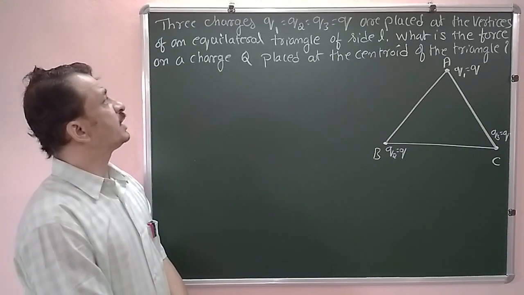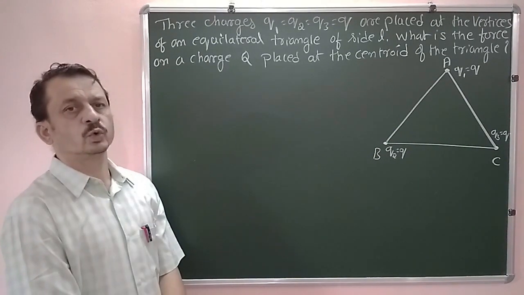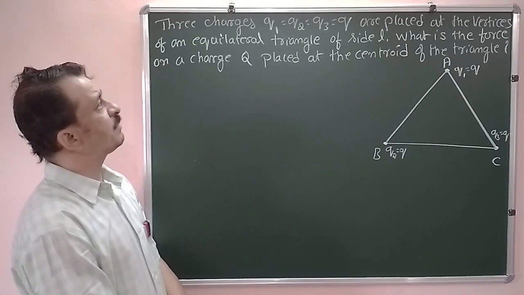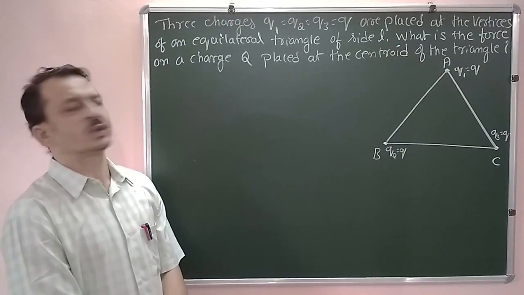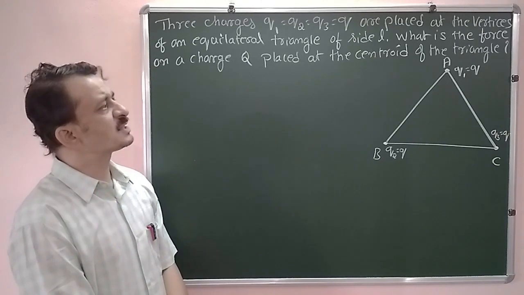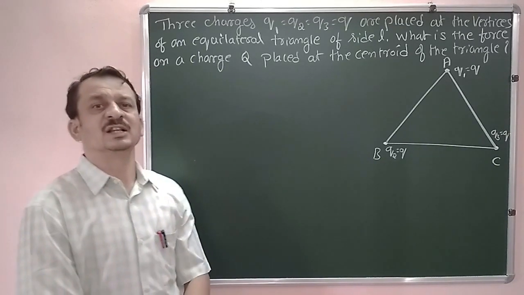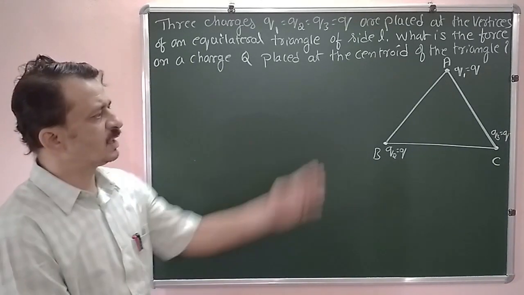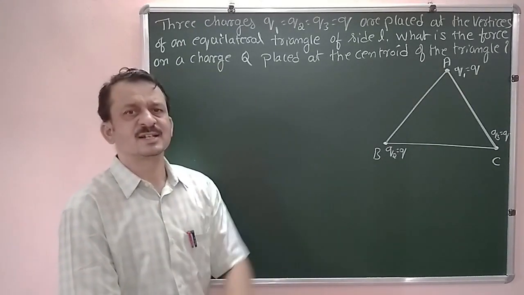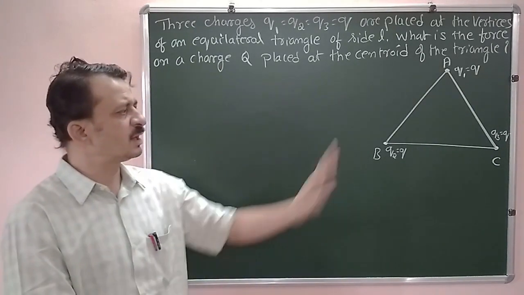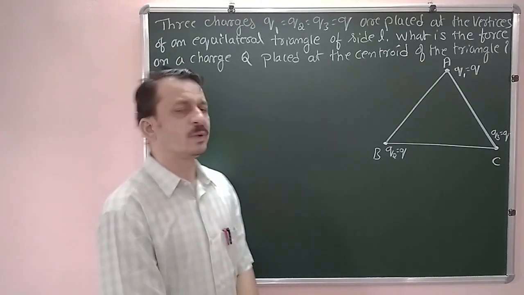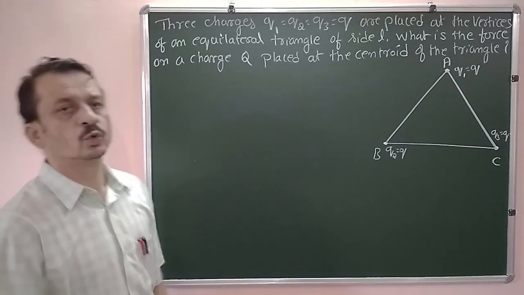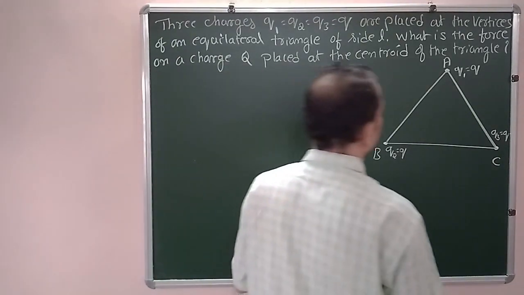What is the force on a charge capital Q having the same sign as that of small q placed at the centroid of the triangle? So they have given an equilateral triangle. At the vertices, 3 charges are placed. All charges are equal and equal to small letter q. Now they are going to place one more charge capital Q at the centroid.